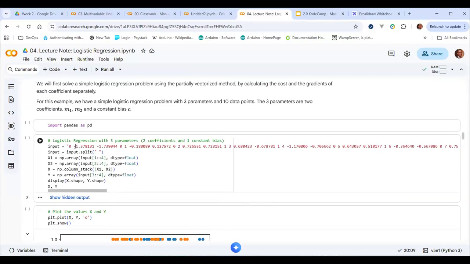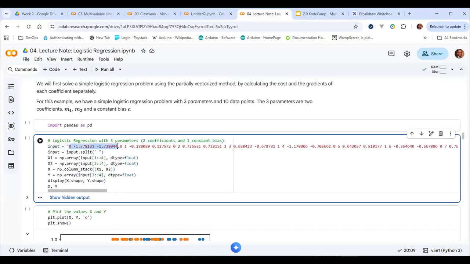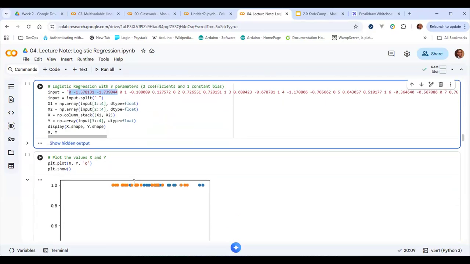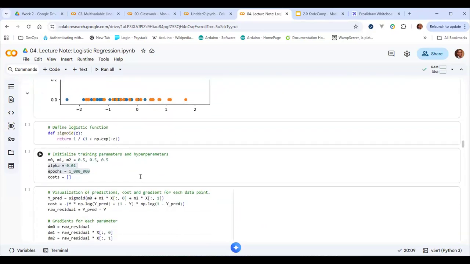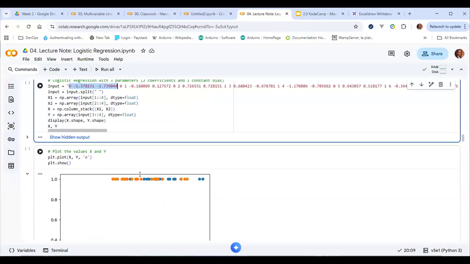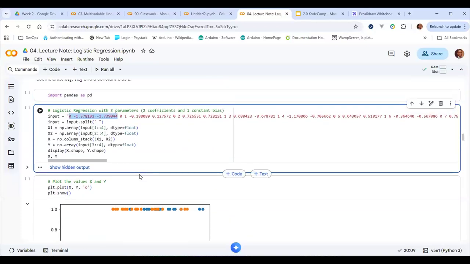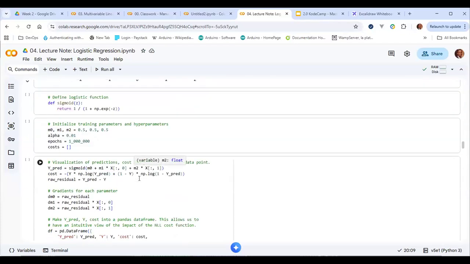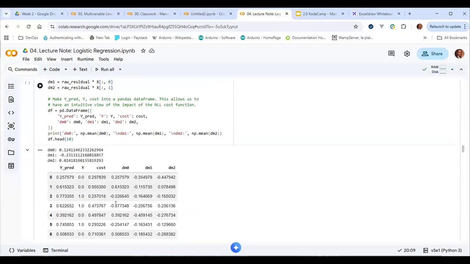So there is no correlation. That is why it is actually regressing. There are actually three values, and then the y. m0 is the constant, so it's the same thing. It's still three values.